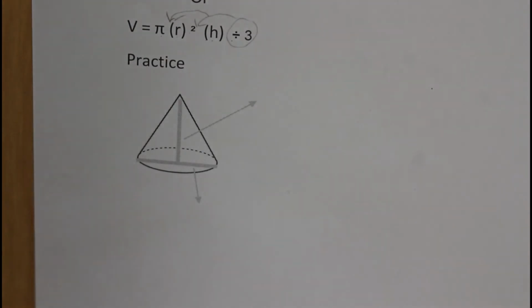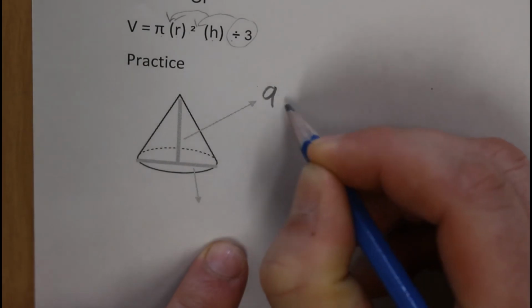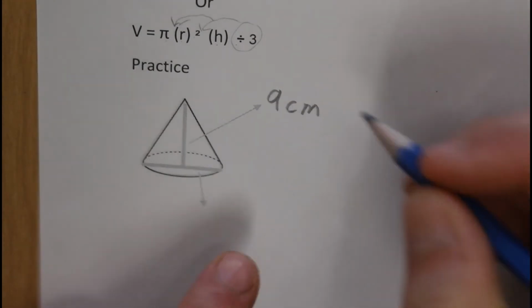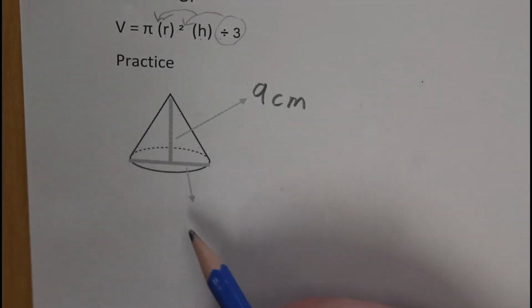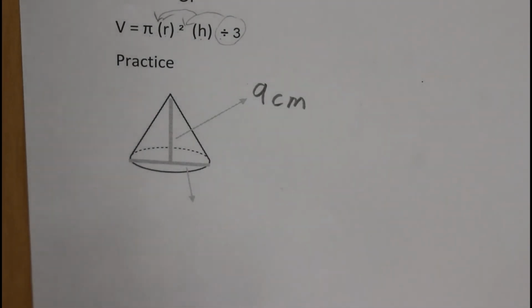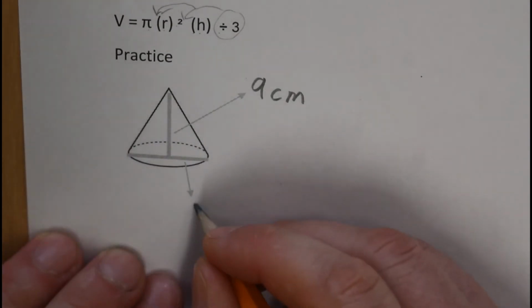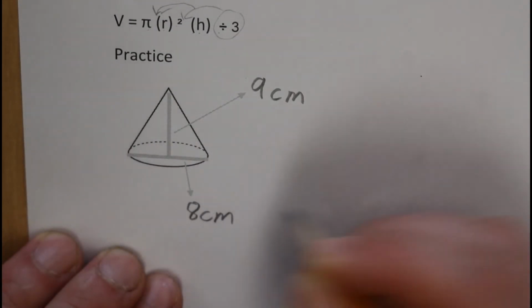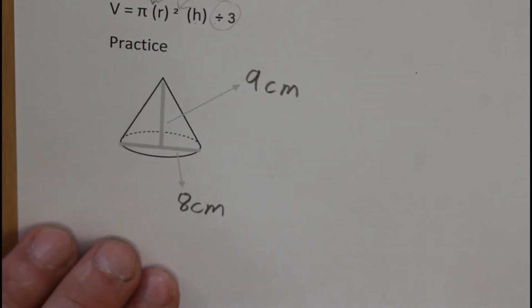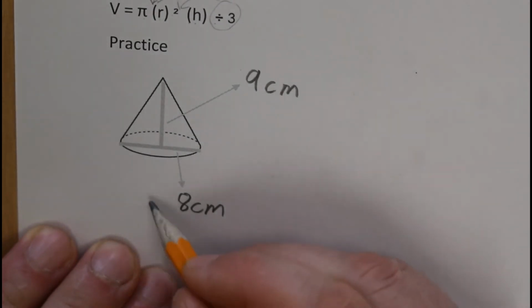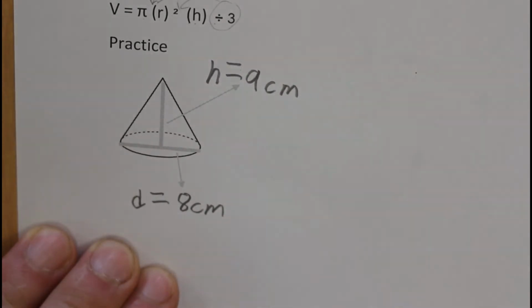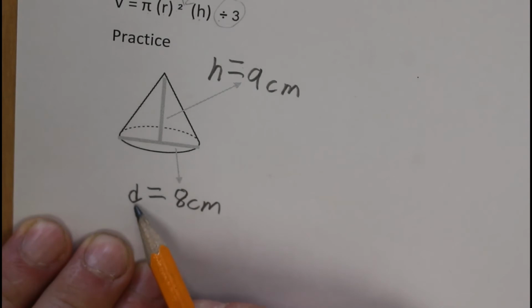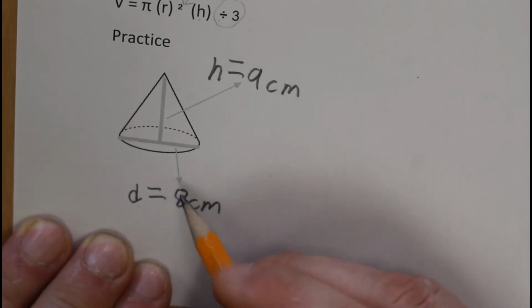Let's take a look at this one. Let's say the height of this one is 9 centimeters. And let's say the base, this area right there, has a diameter of 8 centimeters. All right, what is the first thing we need to figure out? Well, we can never deal with diameter, so we need to divide this by 2 because you need the radius.